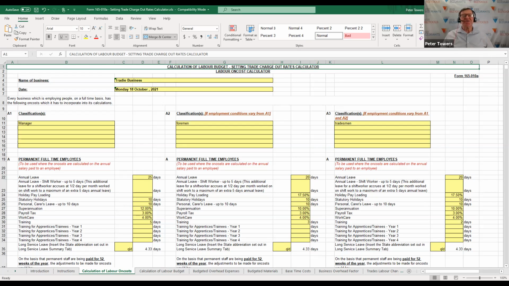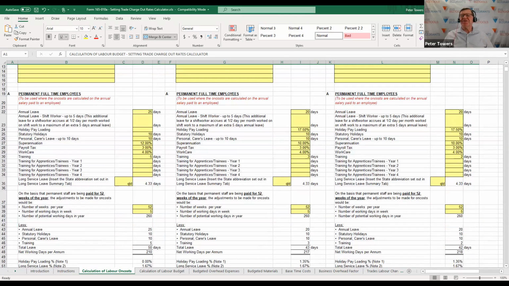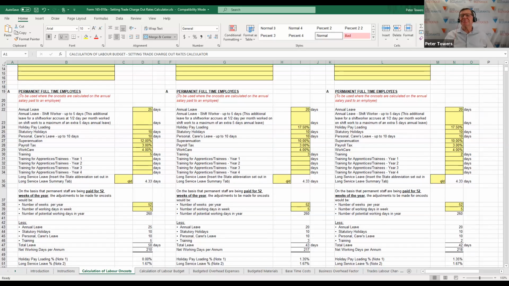He does have his hands on the tools, so his work care rate's around 4%. This is a Queensland business, so the long service leave entitlement will build up at 4.33 days per annum. I missed training. The manager does 5 days training per annum, so we've factored that in.